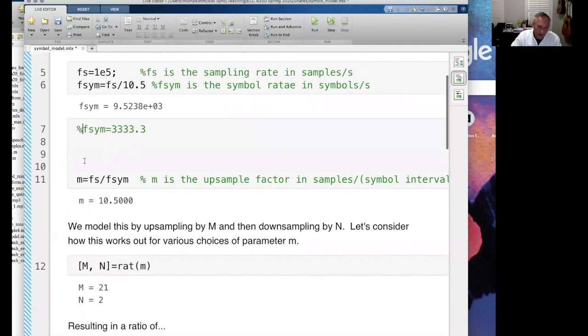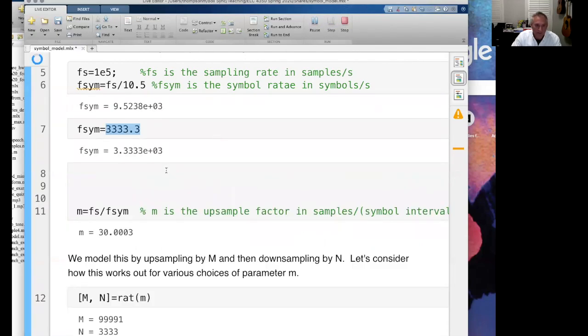Okay, so I'm going to uncomment this. What if we said, all right, I want the symbol rate to be a third, basically, of the sampling rate. So I just innocently put 3033.3, and if I don't have anything to control this, look what happens.